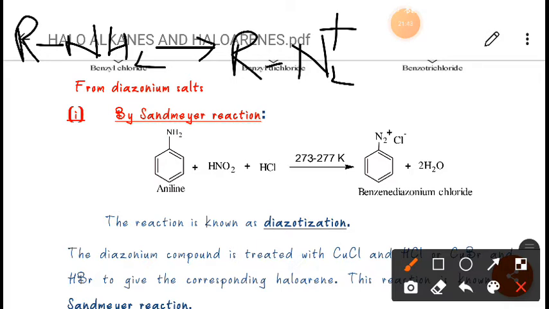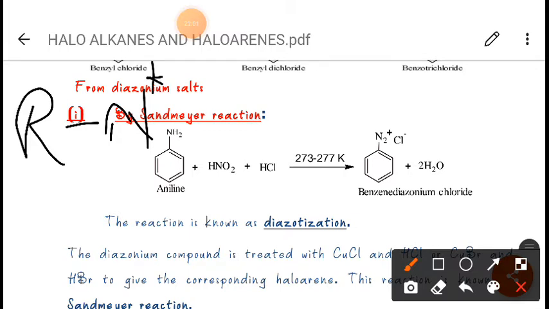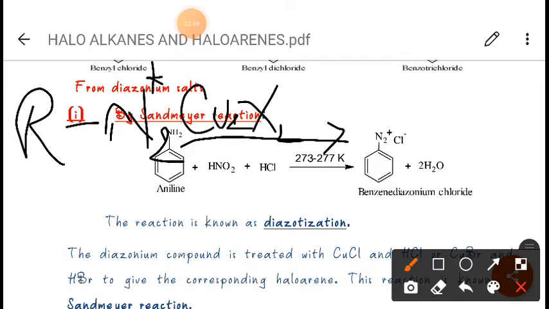So now what will happen if we supply Cu2X2 or HX here?